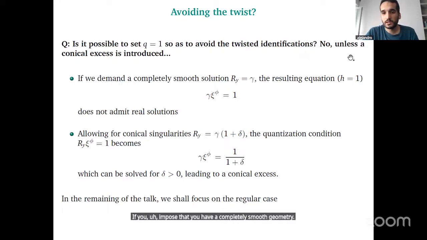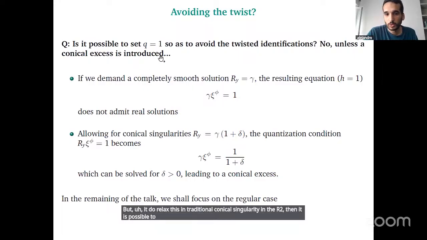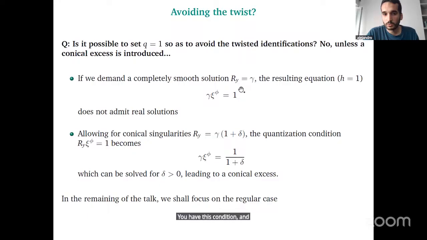But if you relax this, introducing a conical singularity in the R2, then it is possible to avoid the twist. The reason is that if you demand a completely smooth solution, then as I discussed before, you have this condition, Ry equals gamma.